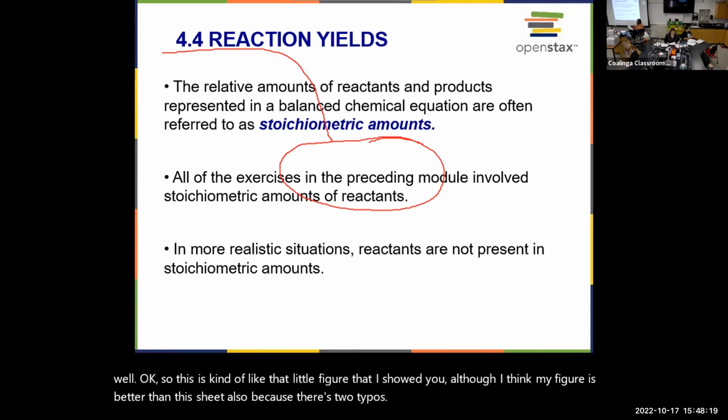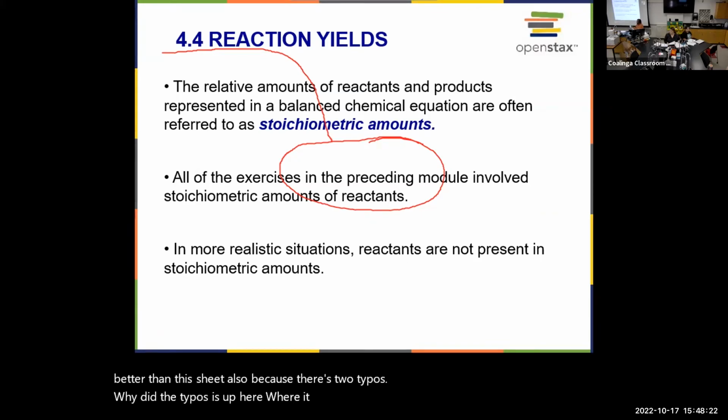One of the typos is up here where it says pH. You see where it says the negative 10 log? Really that should be 10 to the negative pH. So that negative should not be there, it should actually be in the exponent.